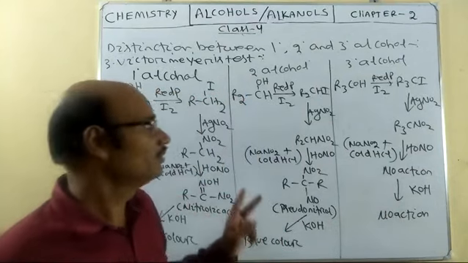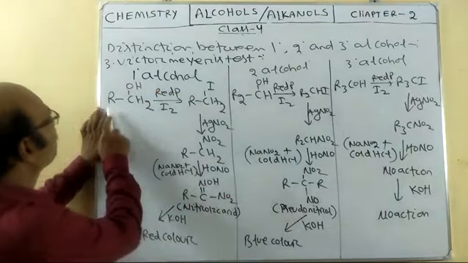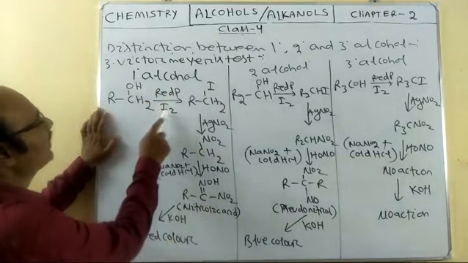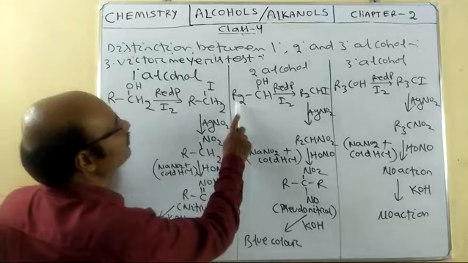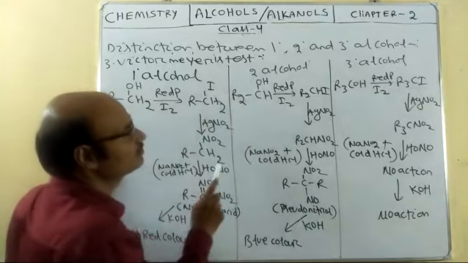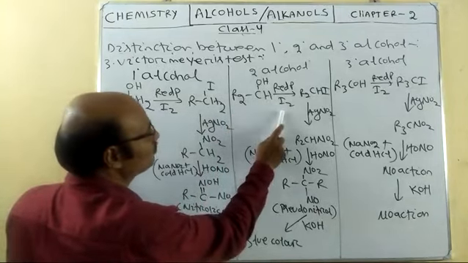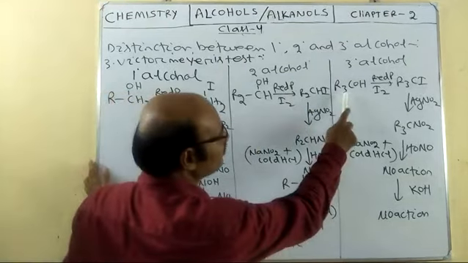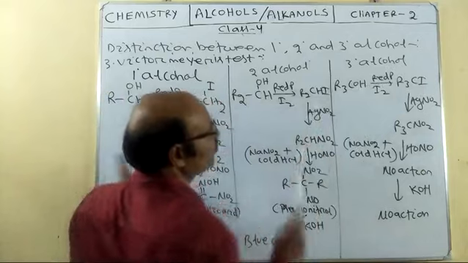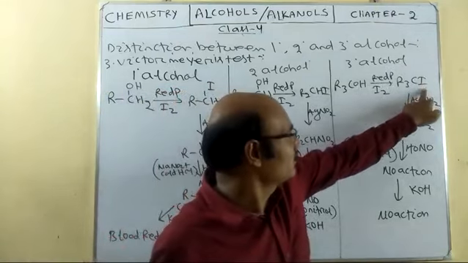Okay, so primary alcohol RCH2OH, with red P/I2, gives RCH2I. Also secondary alcohol R2CHOH, with red P/I2, gives R2CHI. Similarly, tertiary alcohol R3COH, with red P/I2, gives R3CI.